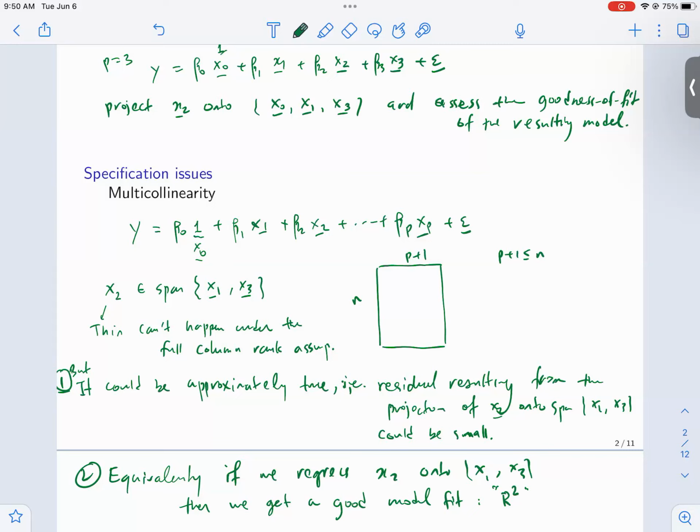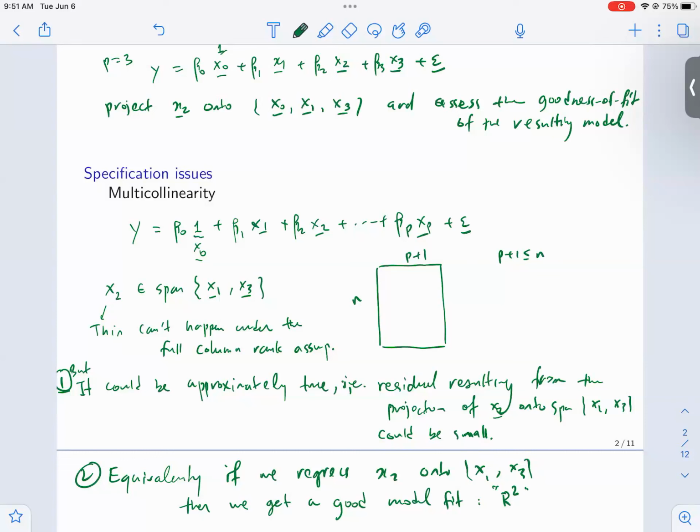So a good fit is a sufficient condition for concluding that you have multicollinearity. But if it is not high, there's still a possibility that other variables can chip in and explain. So the ultimate thing is to just project onto everything else. If that's small, then none of the other variables collectively can come in and construct x2. Then we'll have no problem. Okay, is that good? That's a good question. Any other questions?